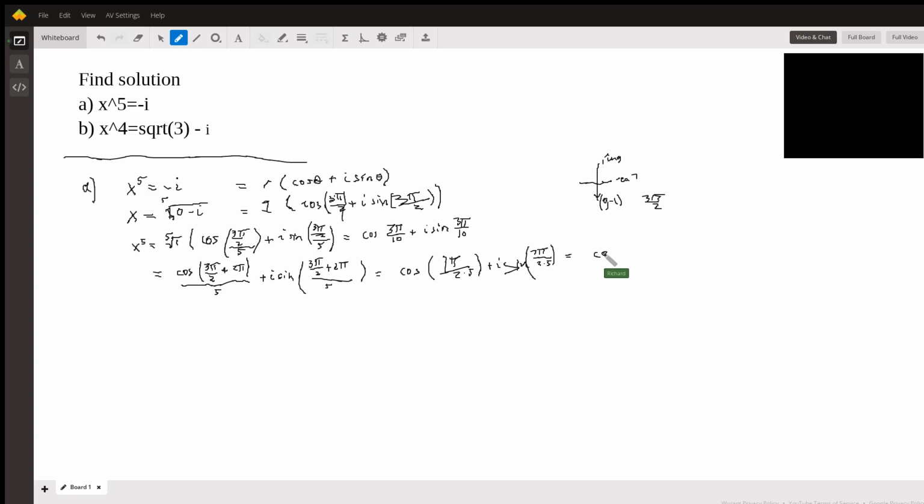So this is the cosine of 7 pi over 10 plus i sine 7 pi over 10. Okay, that's 2 of them.